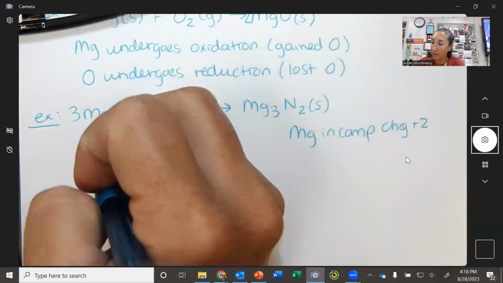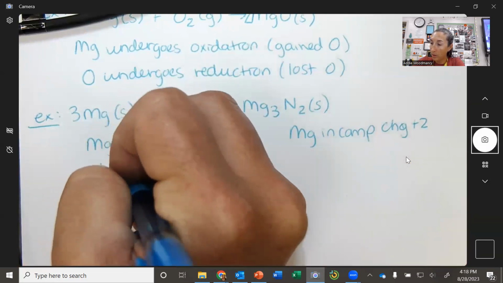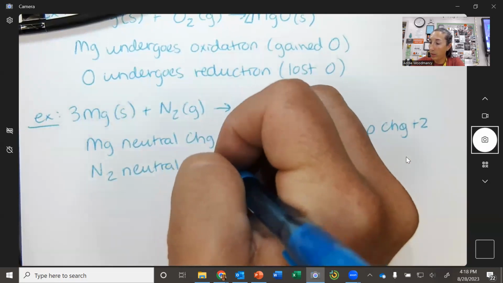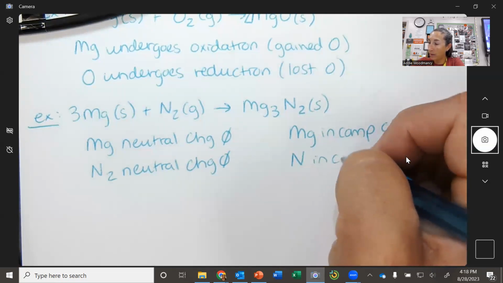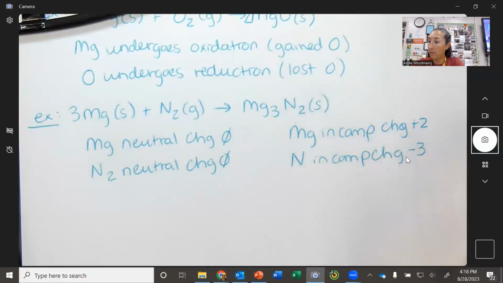Here we have nitrogen, which is also neutral. And so its charge is 0. But here nitrogen is in a compound. So here its charge is -3 because it's in group 15 and has a charge of -3.